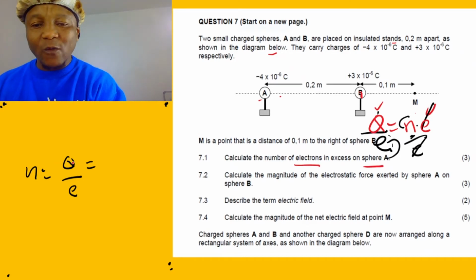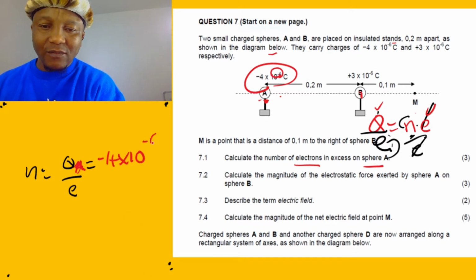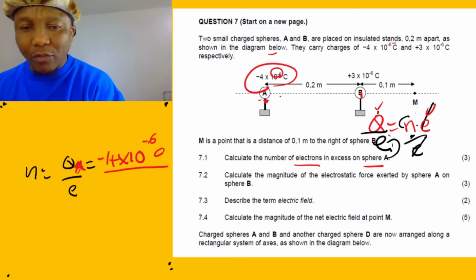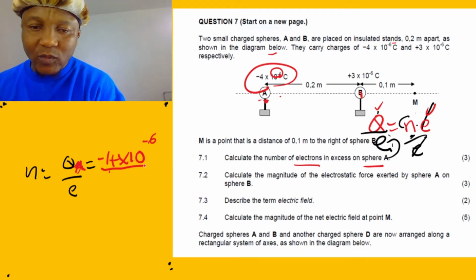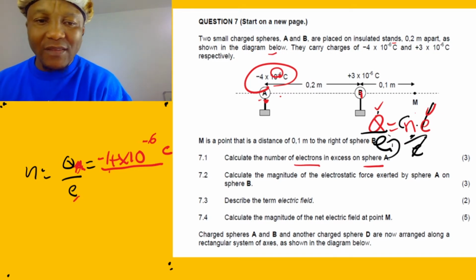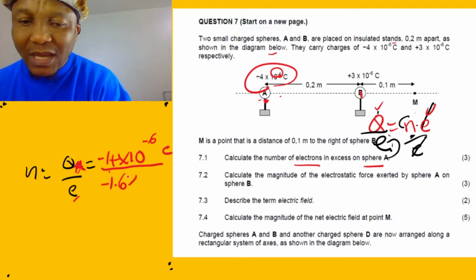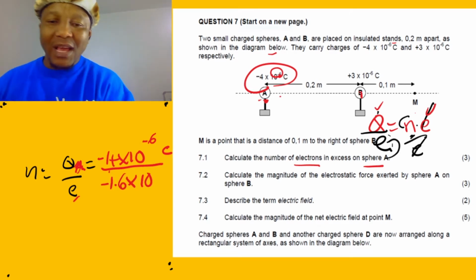So the quantity of charge of A equals -4 times 10 power -6 coulomb, because this is charge on sphere A, over the electron charge, which is always constant: -1.6 times 10 power -19.